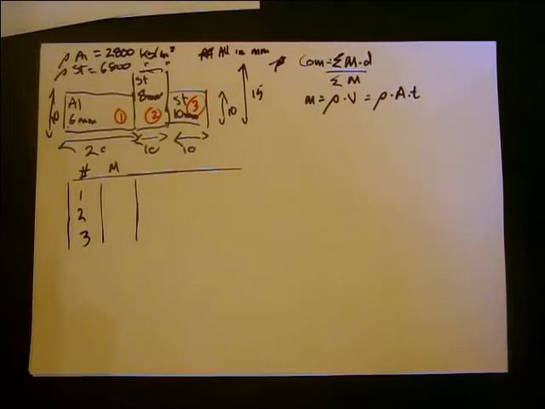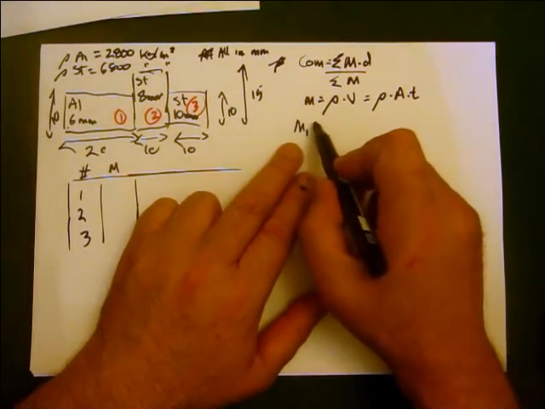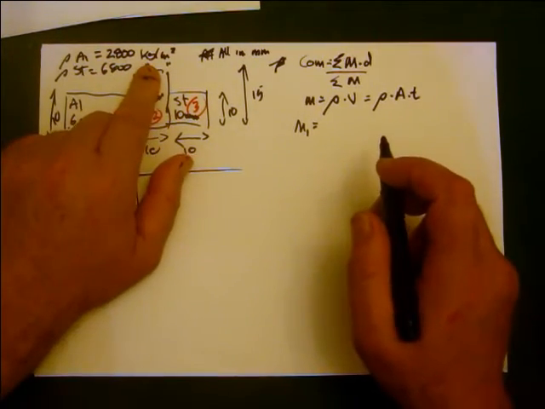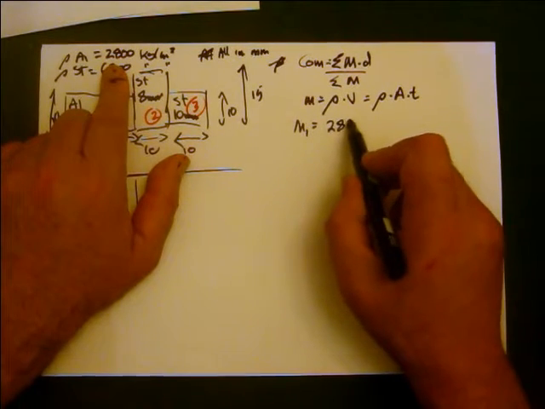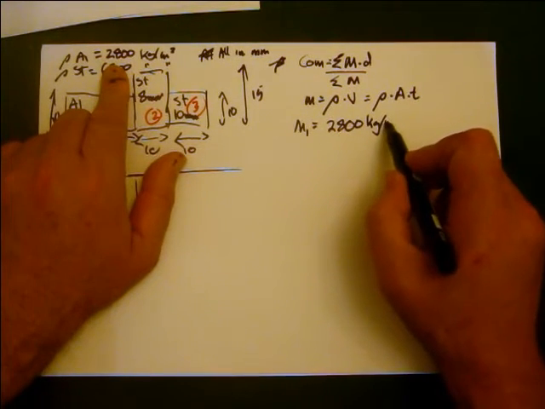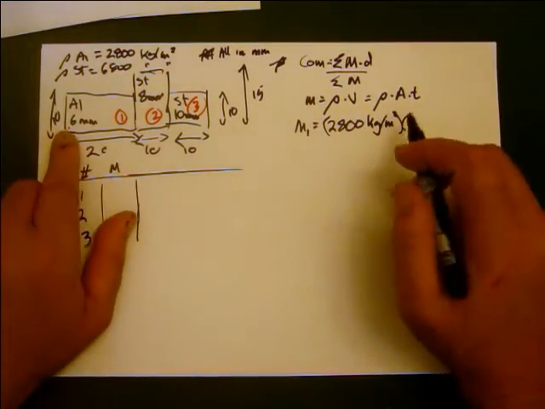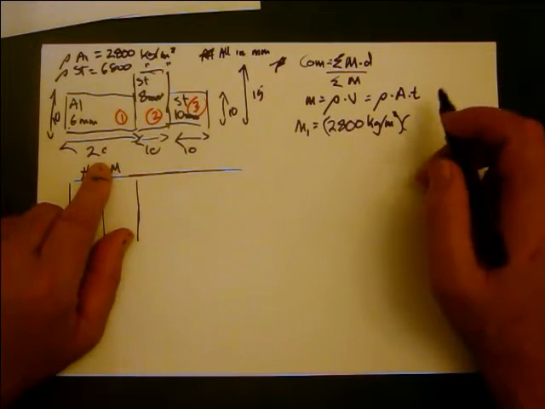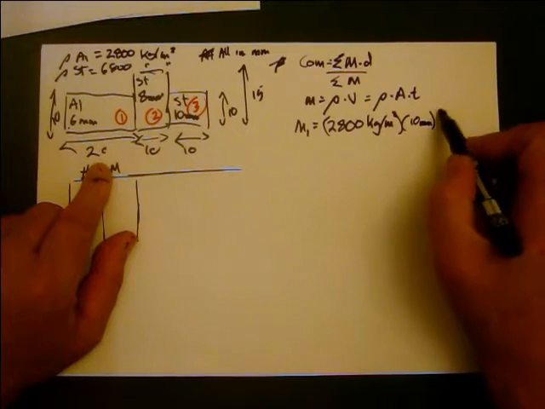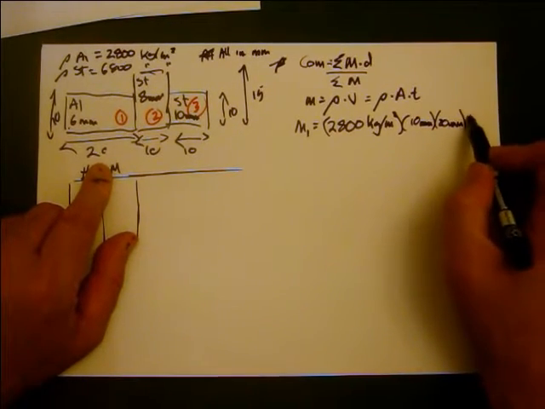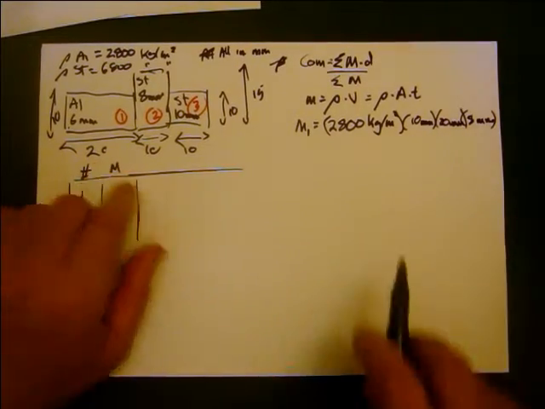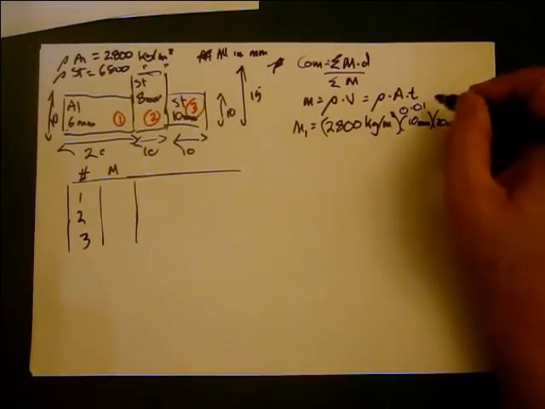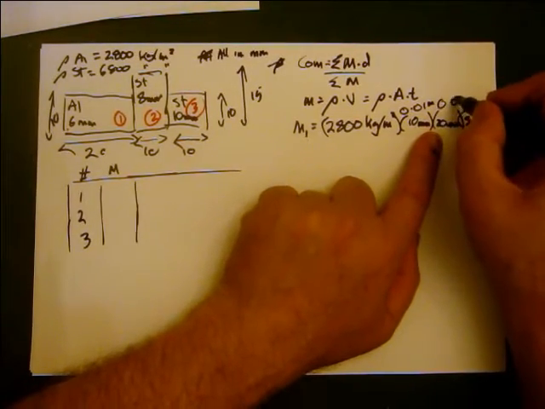So how do we work out the masses? Mass 1 is equal to the density, which, because this is aluminium, is 2,800 kg per cubic metre, times the area, which is 10 millimetres times 20 millimetres, times the thickness. Remember these are all millimetres, so we want to convert to metres: 0.01 metres, 0.02 metres.